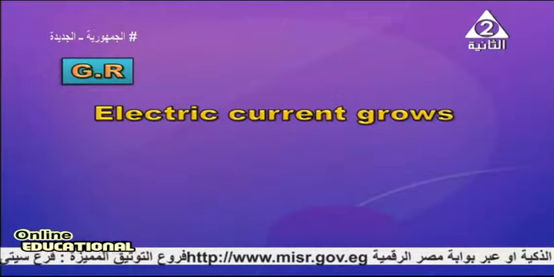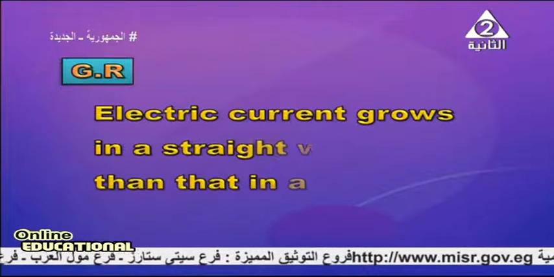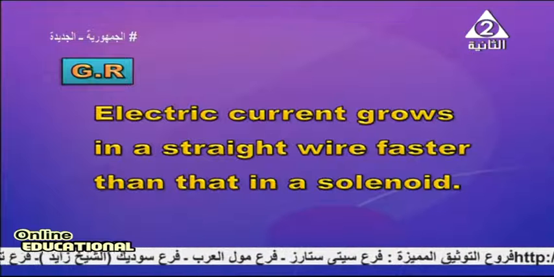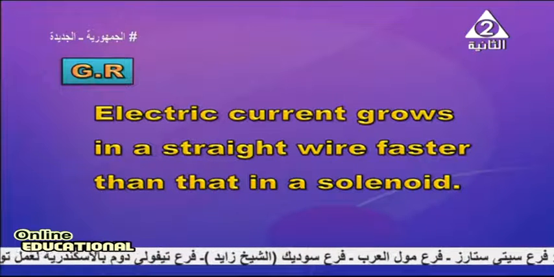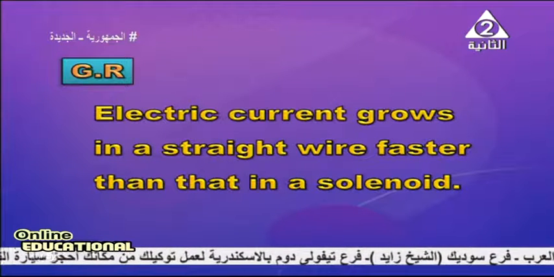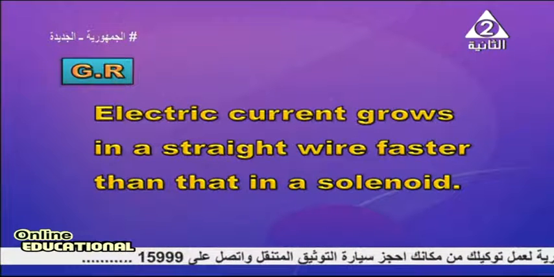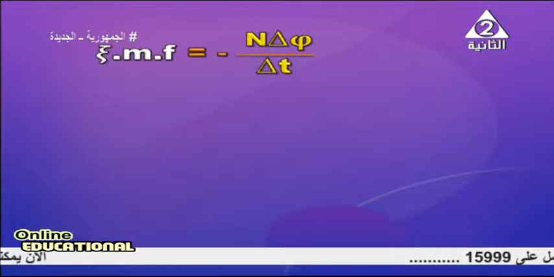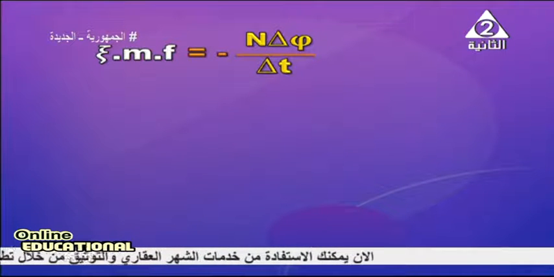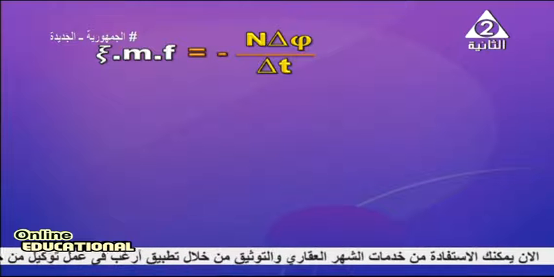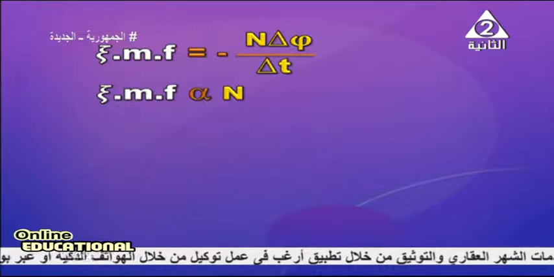Give reason: electric current grows in a straight wire faster than in a solenoid. Why? Since EMF equals negative N delta phi over delta t, by Faraday's law, the EMF is proportional to the number of turns.